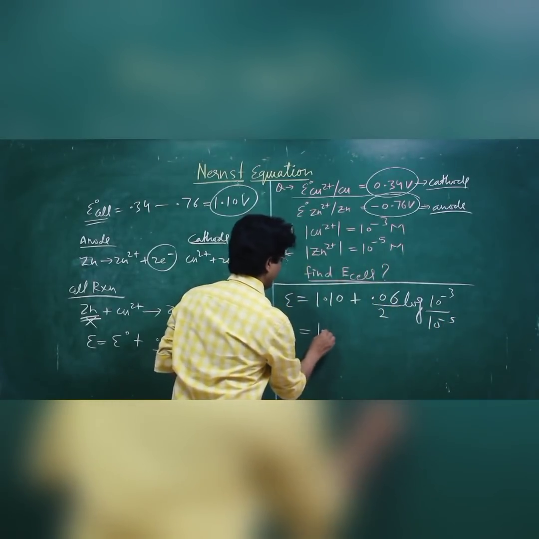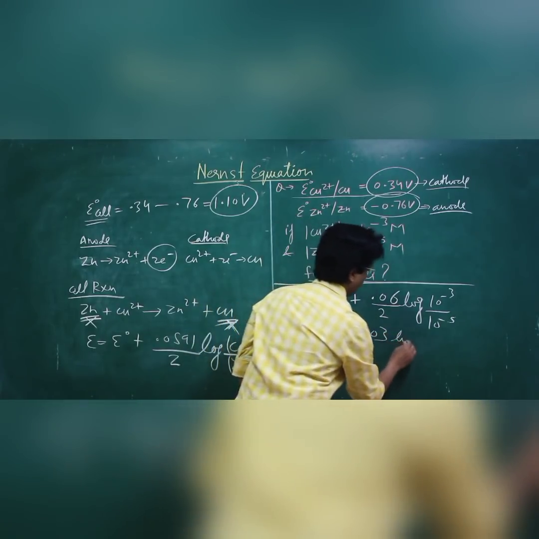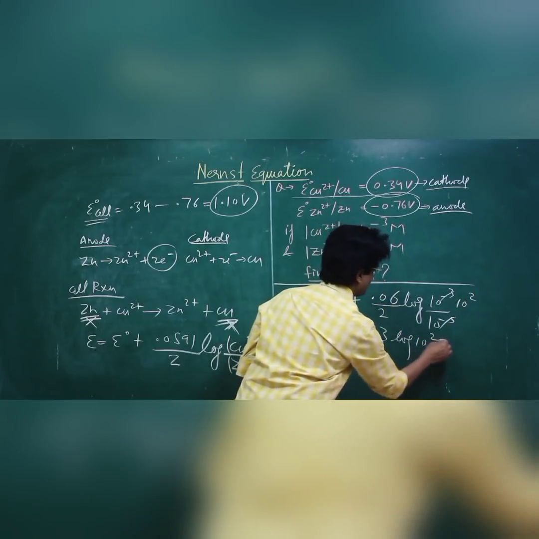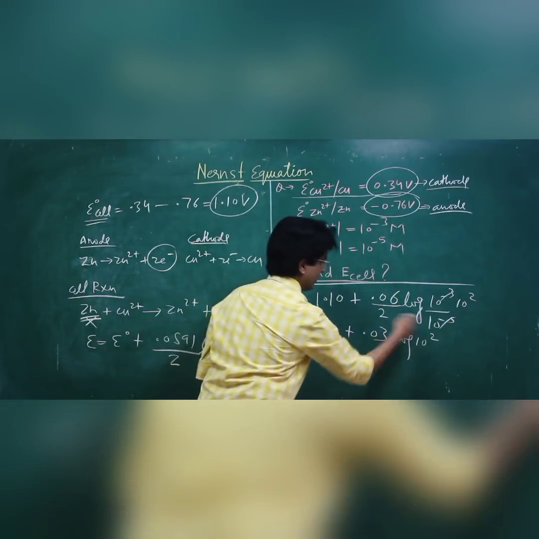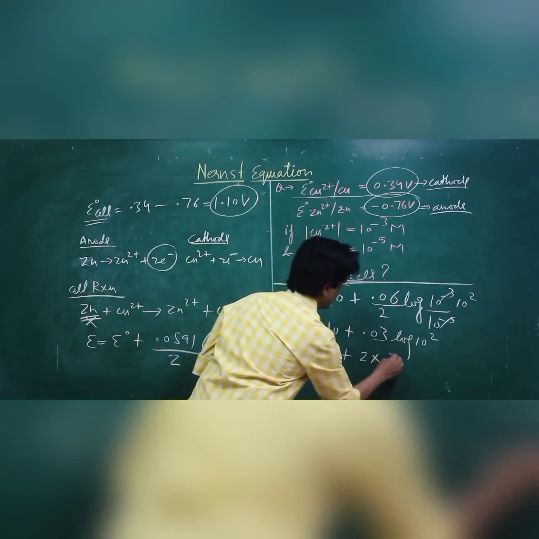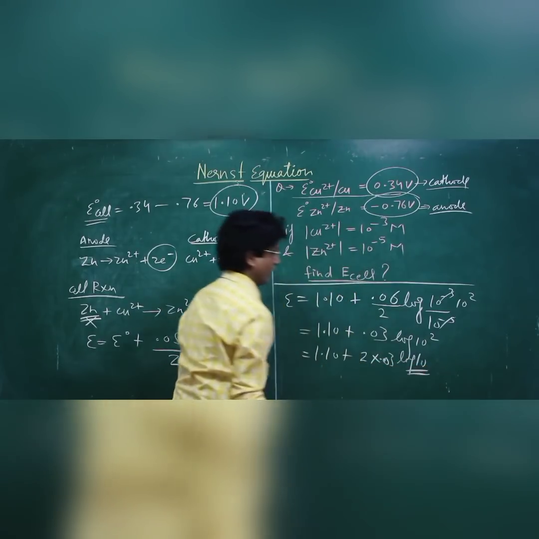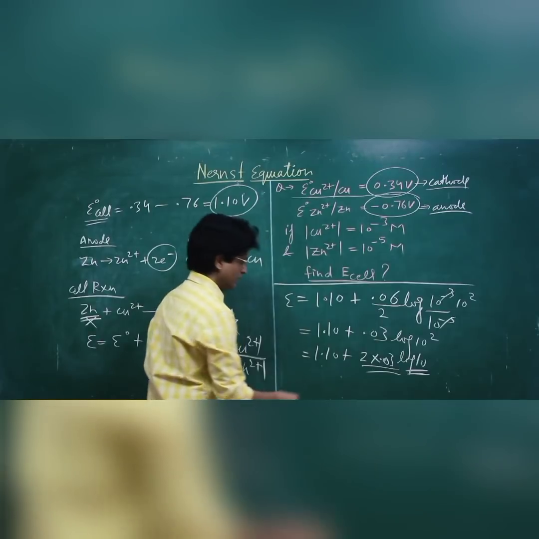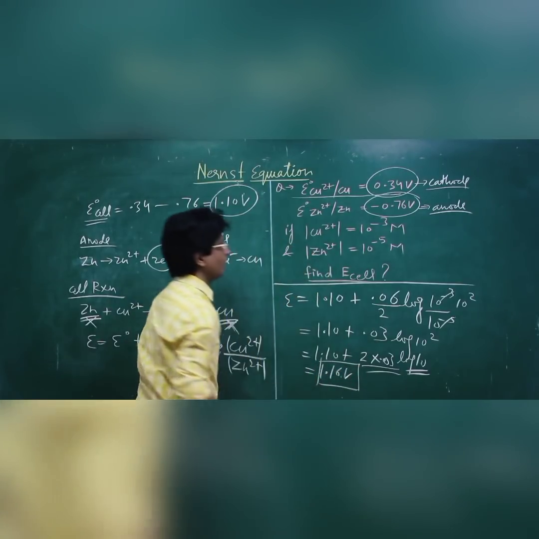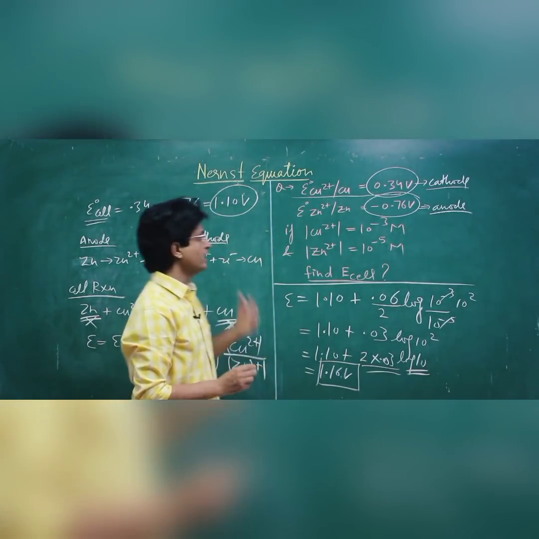So this will be 1.10 plus 0.03 log of 10 square, as this cancels out. So 1.10 plus 2 into 0.03 log of 10. Log of 10 is 1. So this will be 0.06. So the answer will be 1.16 volt. So this is how you calculate the cell potential under non-standard conditions by using the Nernst equation.